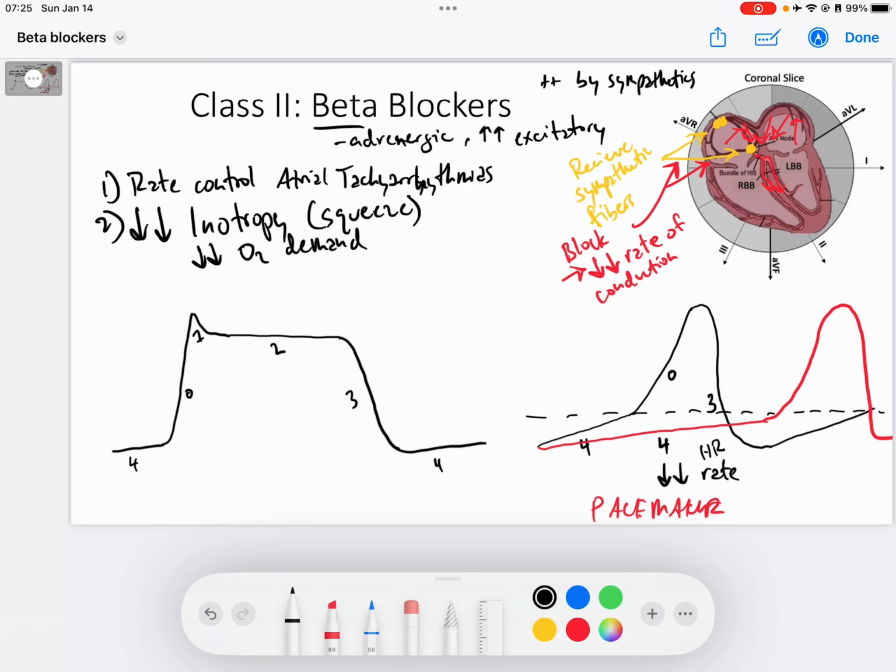So we said we've got rate control of atrial tachyarrhythmias, but we can also have rhythm control of atrial and ventricular arrhythmias, mostly the tachyarrhythmias.